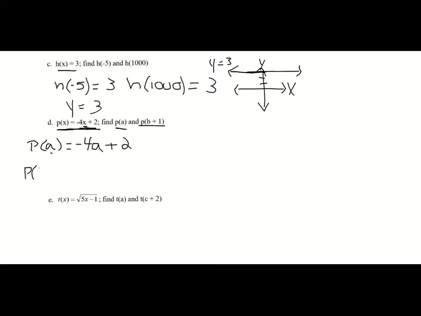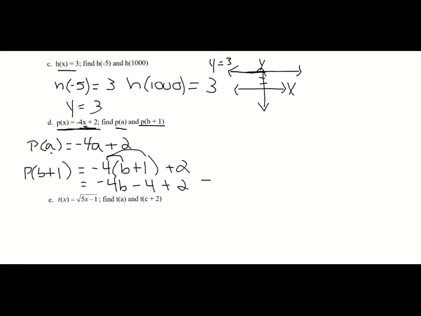Next, for p of b plus 1. That one, we are going to have to do a little bit of work, because again, I'm going to plug that in for the x up here. So I'm going to have negative 4, and instead of x, I'm going to have times b plus 1, and then keep my plus 2. And now, to simplify, we can distribute. So it becomes negative 4b minus 4, because a negative times a positive is a negative, plus 2.